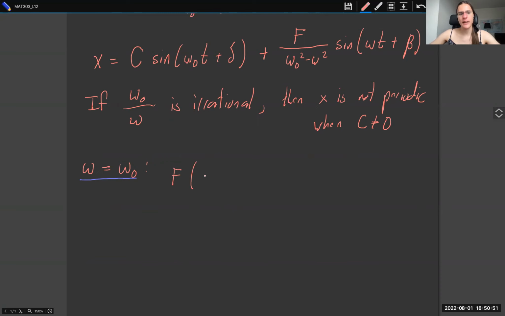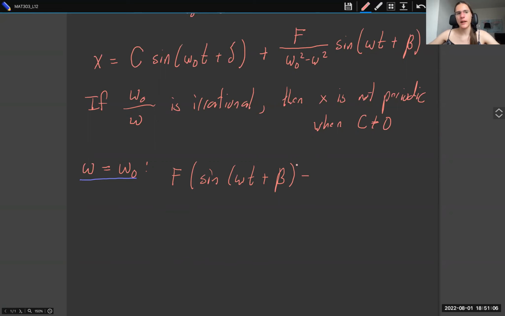F sine omega t plus beta. And then we can choose whatever c and whatever delta we want here.